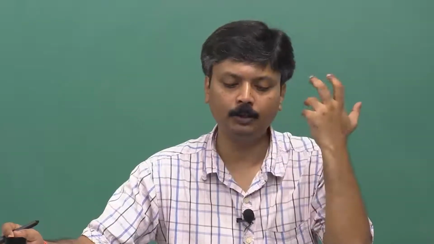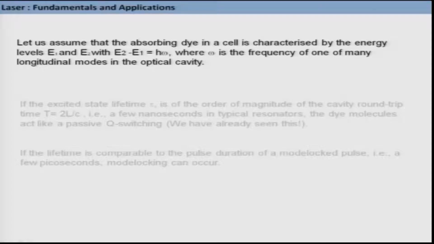First let us assume that I have an absorbing dye, and let us assume it is a two-state system given by energies E2 and E1, and let small omega be the frequency of one of the longitudinal modes of the optical cavity.